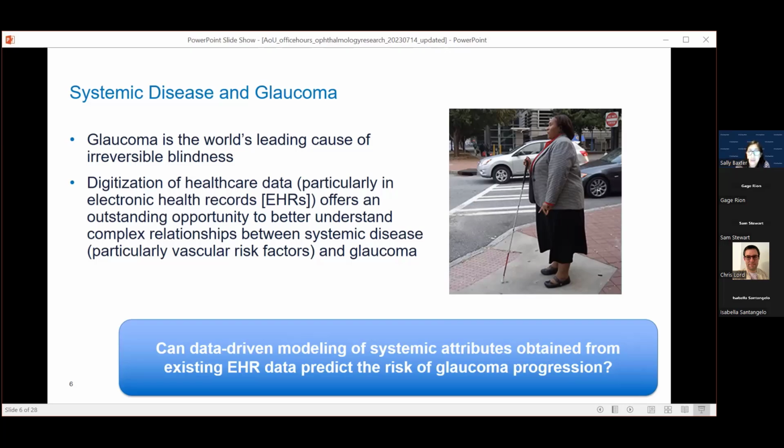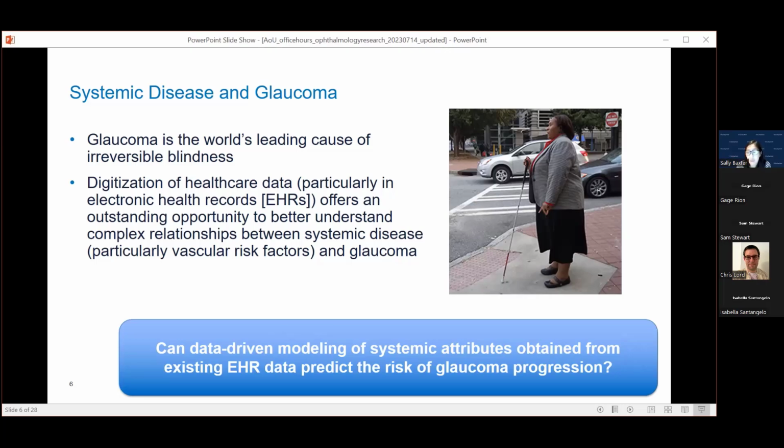But when you look at clinical practice, a lot of the times as ophthalmologists, we're seeing patients in the clinic and we're not necessarily able to spend the time needed to really dig into the entire systemic history. And in some cases, that data may not always be readily available in our interfaces, which are mostly focused on the eye exam.